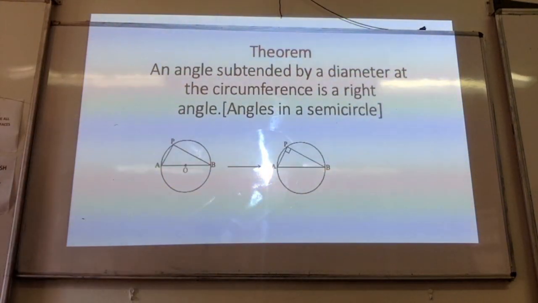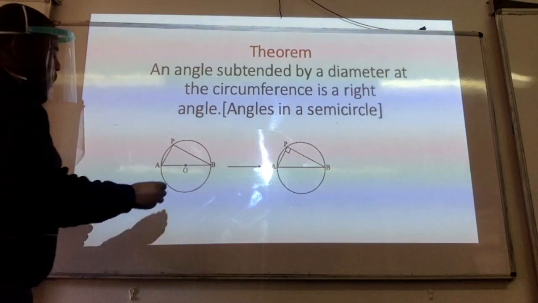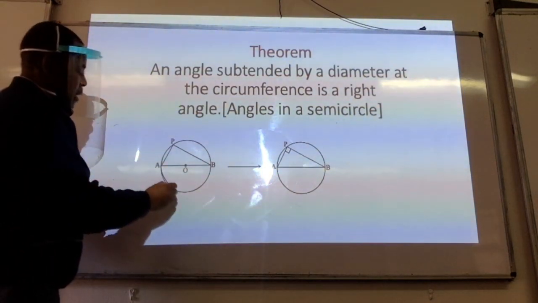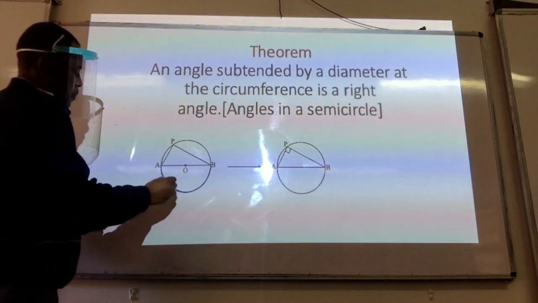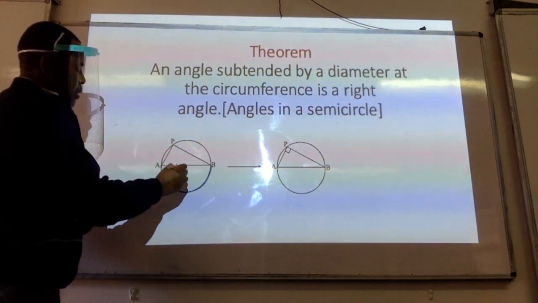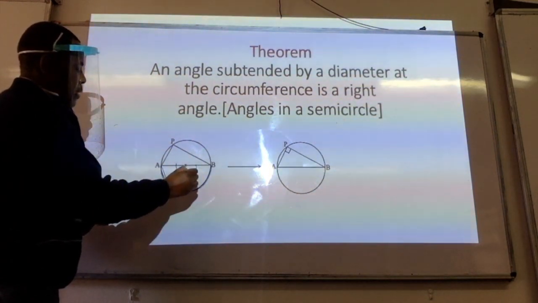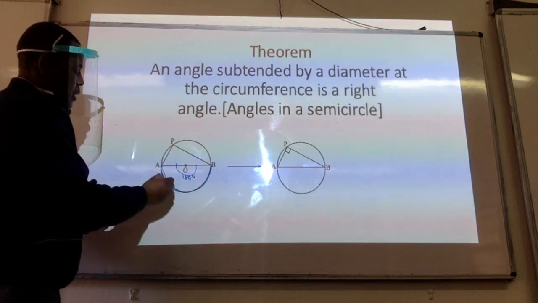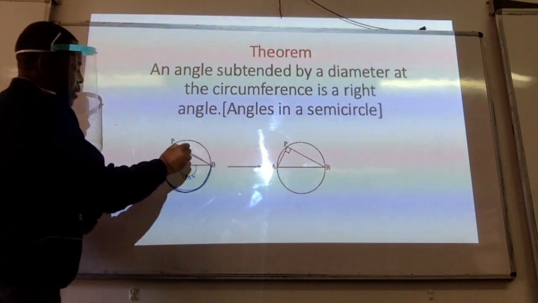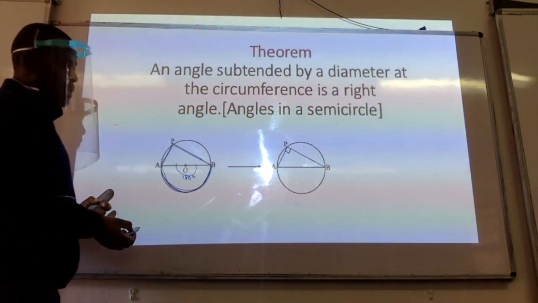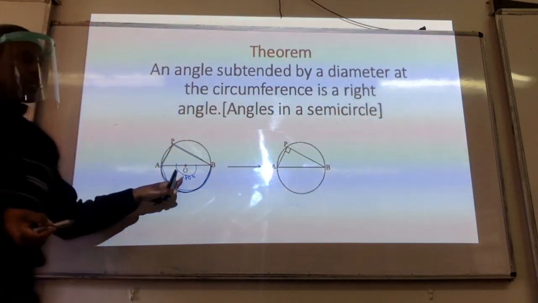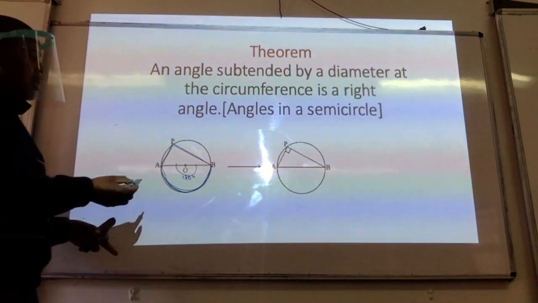Then this one, an angle subtended by a diameter at the circumference is a right angle. That should make sense from the previous one. If you consider this arc here, now that arc subtends 180 degrees at the center, but this same arc subtends angle P at the circumference, and we just said the angle at the center should be twice the angle at the circumference.